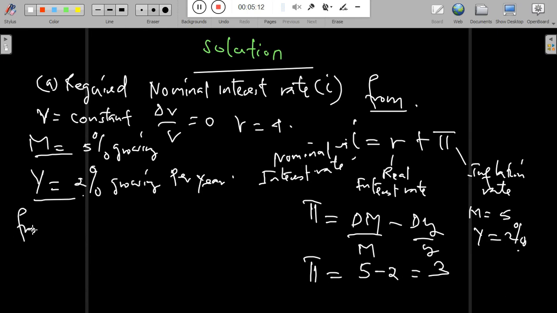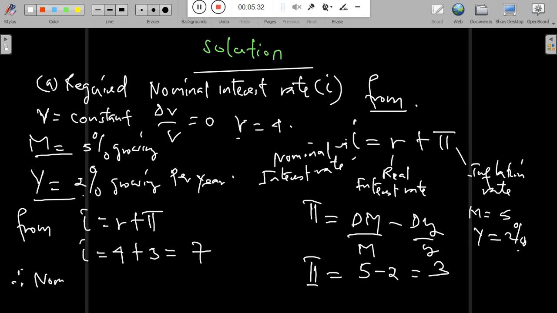So let's take our formula: nominal interest rate is equal to real interest rate plus inflation rate. So the nominal interest rate will be equal to 4 plus the inflation rate, that is 3. So the nominal interest rate will be equal to 7%.